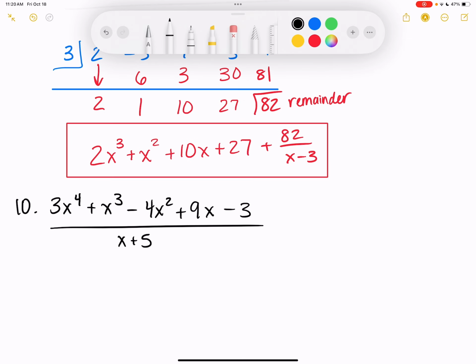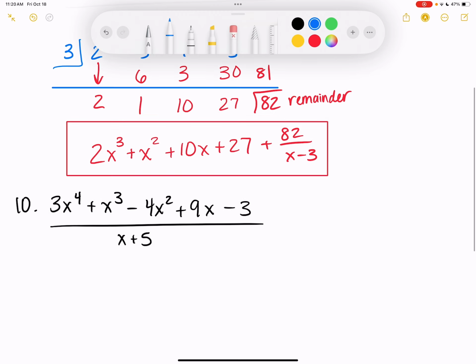So one of the first things I always do is look and make sure that the terms are first of all in standard form, and then also that there's no terms that are missing. I don't have any missing terms, so I'm good to start. So up in the box, I put a negative 5. It's got to have the opposite sign. And then just copy the numbers with their signs from up here. So 3, 1, negative 4, 9, negative 3.